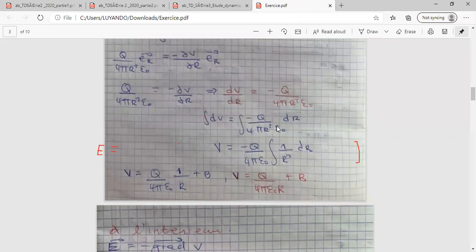Now integrating with respect to dr, the expression we have involves r. So we're going to separate the r squared in our expression and move it to the other side. Now we're remaining with the constants: negative Q over 4 pi epsilon 0 as the constants.